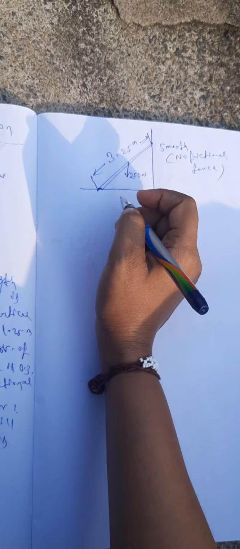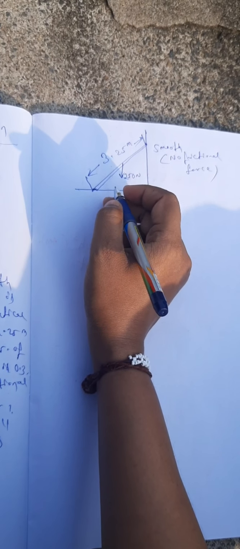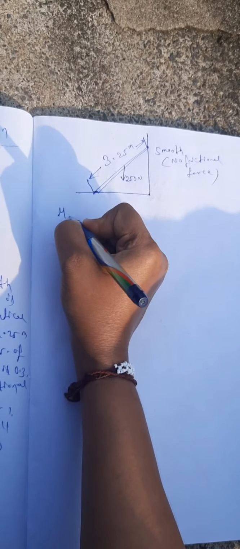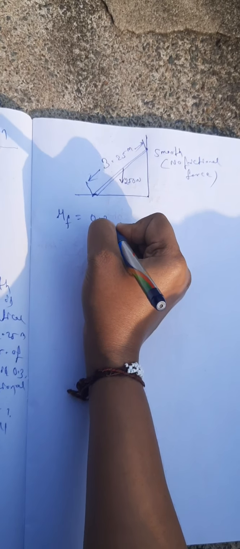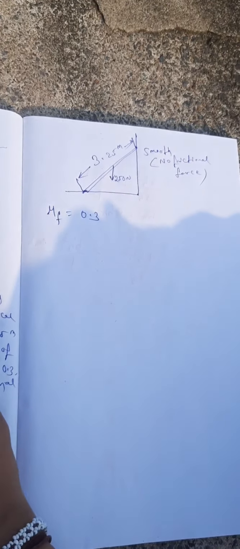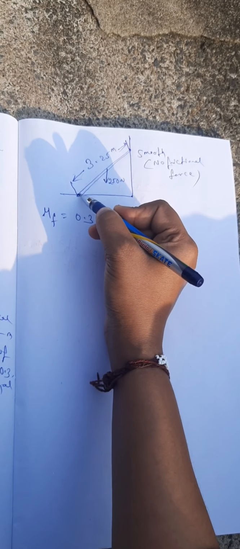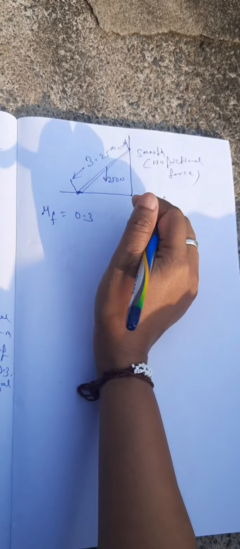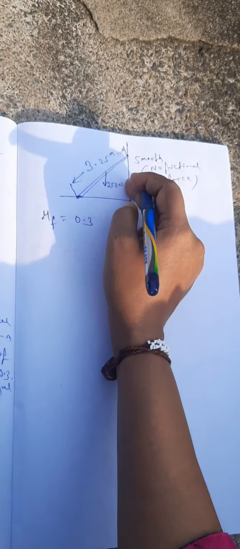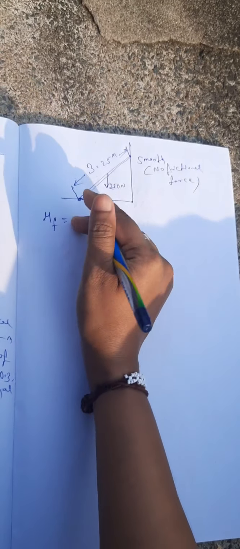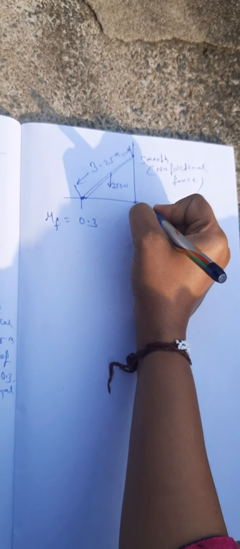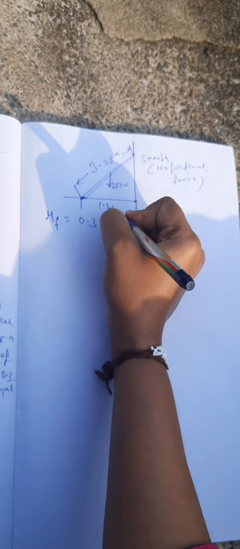And the coefficient of friction between ladder and floor, that is mu floor equal to 0.3, and it is given that its lower end is placed at a distance 1.25 meter from the wall. So the distance between the lower end and the wall is 1.25 meter.